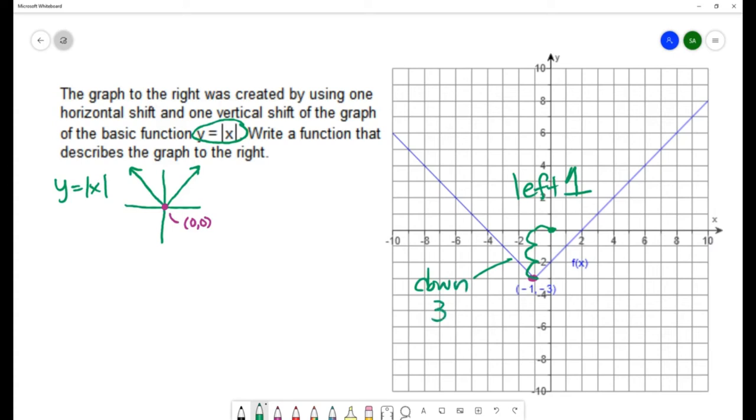And so we want to make sure that our equation reflects that shift, that horizontal shift of left 1 and the vertical shift of going down 3. Now, in order for us to know what the equation looks like, we'll have had to study horizontal shifts and vertical shifts and have some facts memorized.